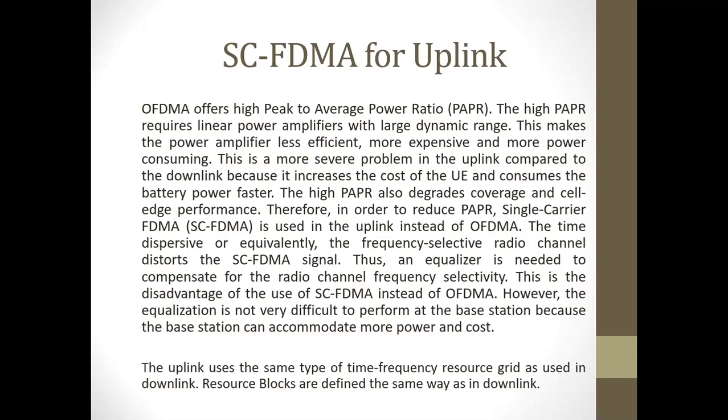If you can reduce the PAPR, then the power amplifier can have better efficiency. The different variants of SC-FDMA offer different quality of PAPR. The lower it is, the better; you can have a more efficient amplifier.